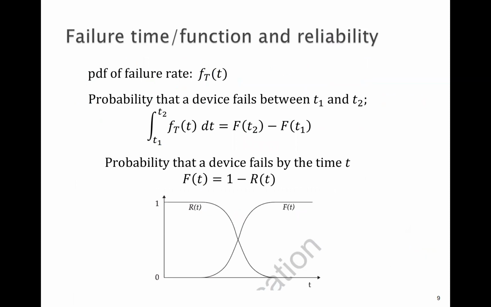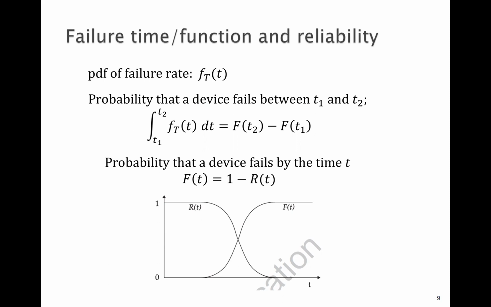So let's see the mathematical basis of failure rate and probability. Let's assume that the failure PDF is f sub T of t. Then the probability that a device fails between T1 and T2 is going to be the integration of the PDF of failure.